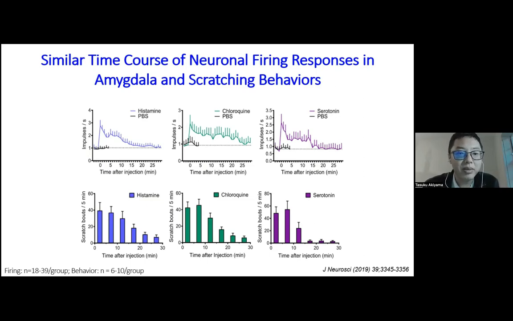But in the case of the amygdala, we can see a much longer response. So we originally thought the reason why we don't get the longer response is due to the anesthesia, but in the case of the amygdala, we anesthetize mice also. So yeah, amygdala seems to be a very interesting target for me.